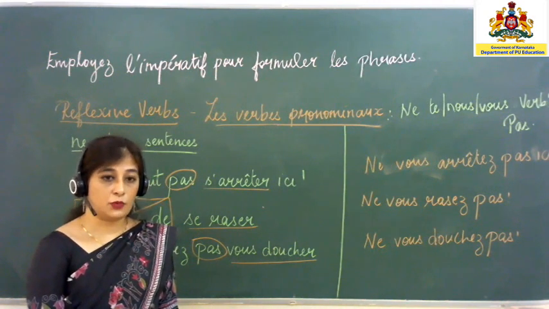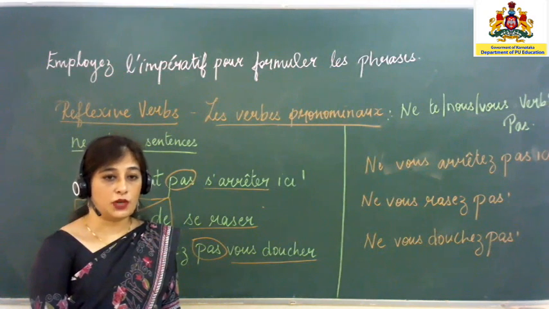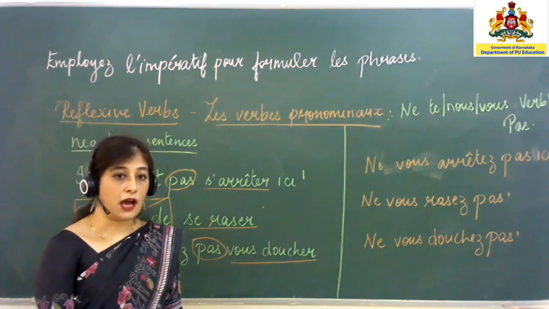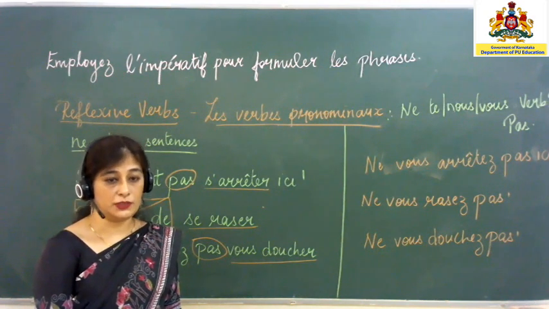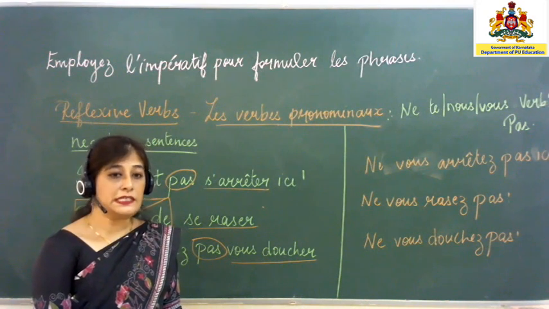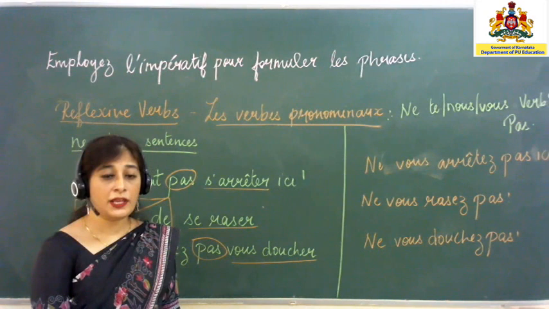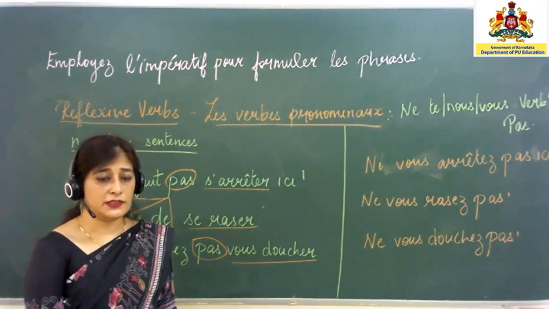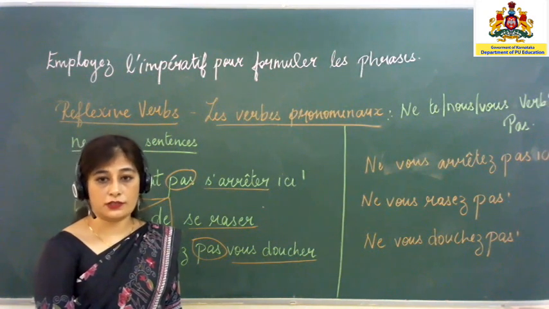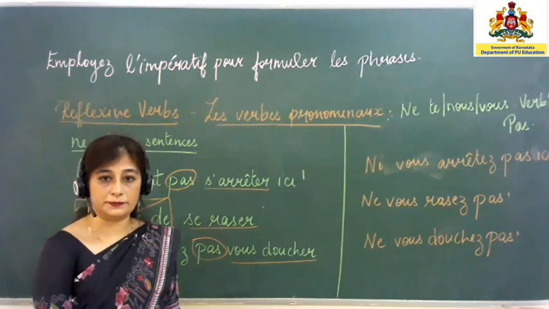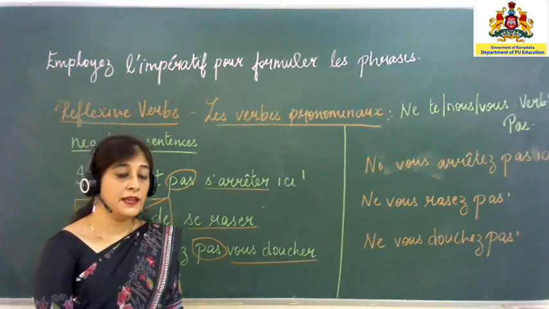In a reflexive pronoun sentence, the reflexive pronouns for a positive sentence are placed after the verb with a hyphen in between, and the reflexive pronoun te changes to toi. Is that clear? And in a negative sentence, you need to look for ne pas, défense de, or il est interdit de.